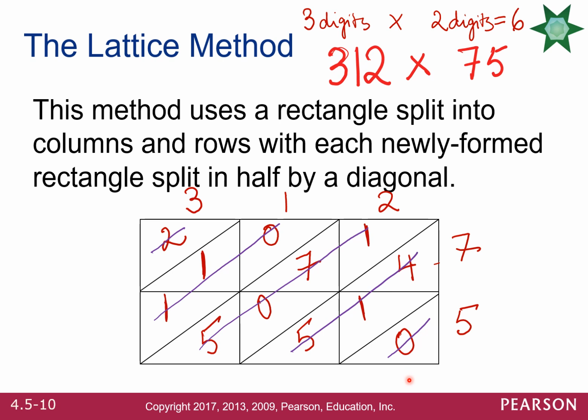All right, so we'll start with 0. This is only one digit in this diagonal, so I'm going to write here 0. Next, we move to the diagonal to the left. So 5 plus 1, 6, plus 4 is 10. So there's a carryover there. I'm going to write the 0 here and carry over the 1.